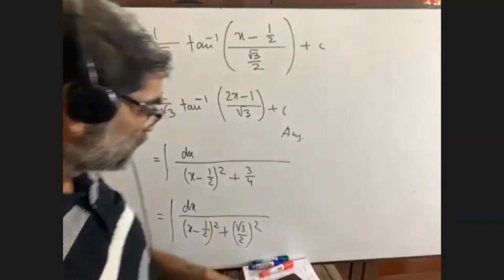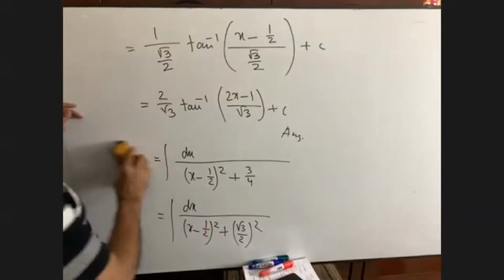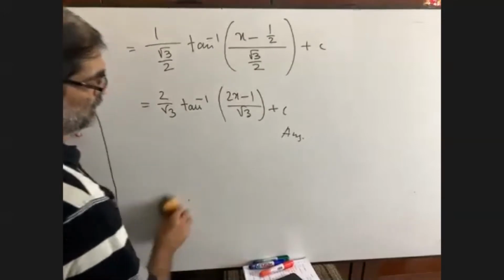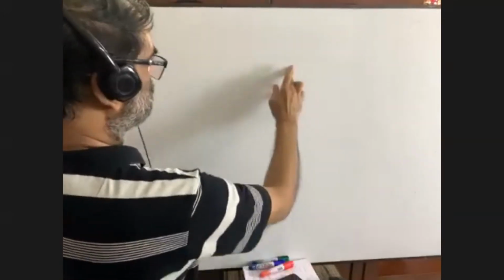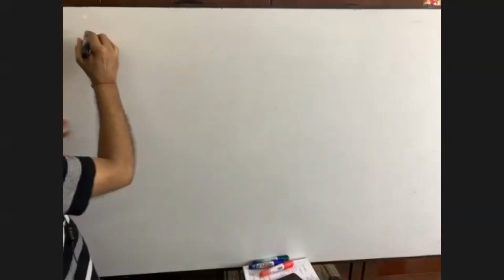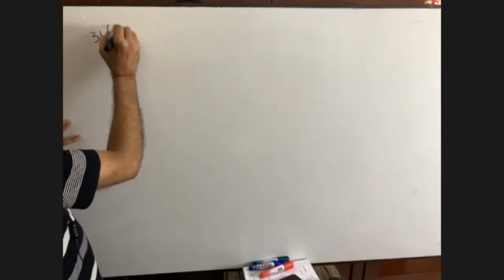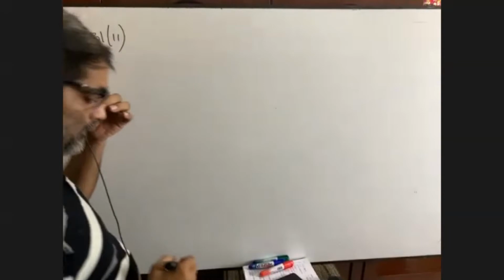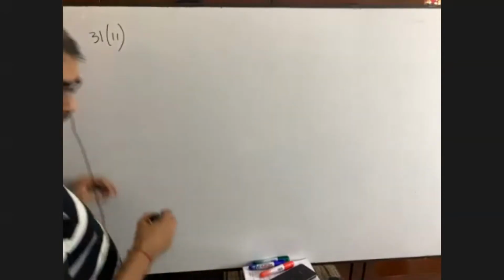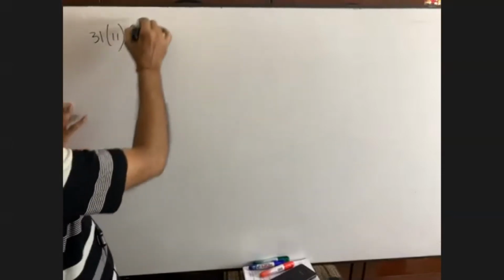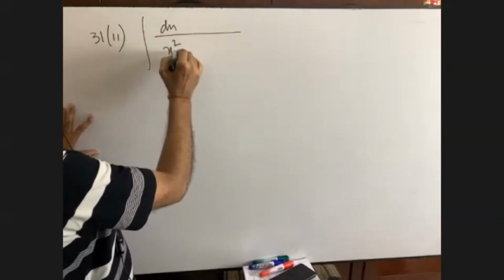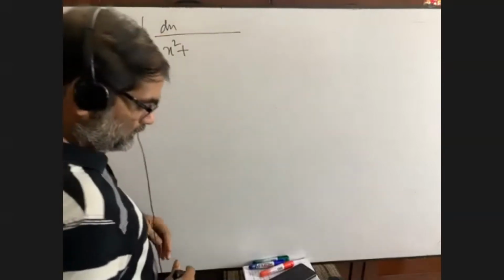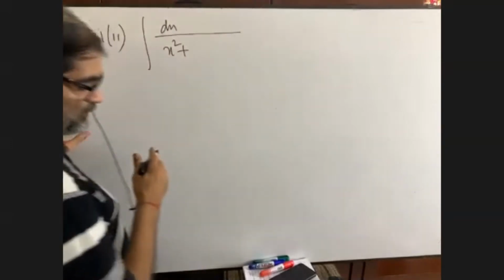Now going to question number 2. Question number 2 of 31. Okay. It is dx by x square plus 6x plus 25.